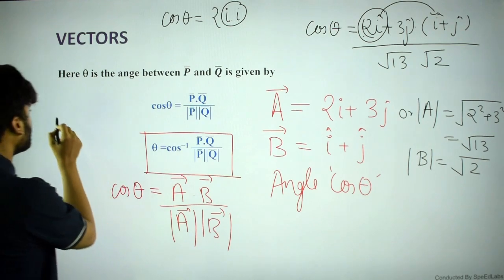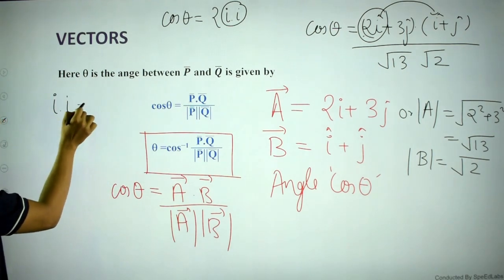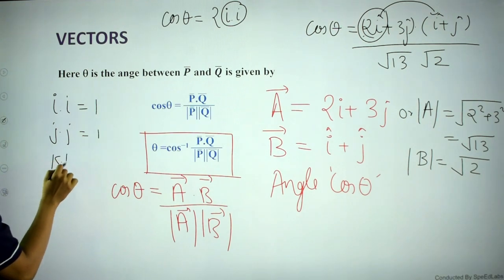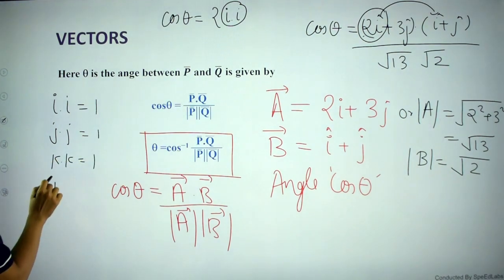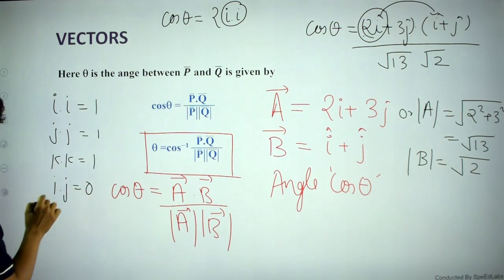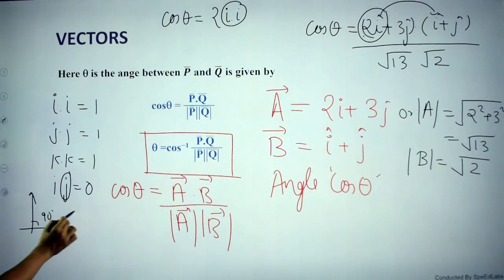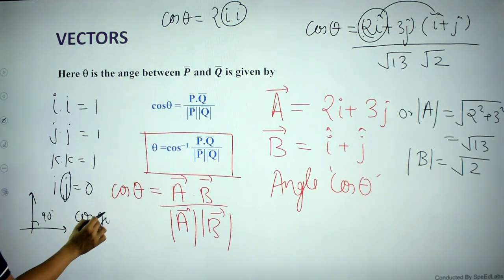So always remember: i dot i is equal to 1, j dot j is equal to 1, k dot k is equal to 1. But i dot j is 0, because the i vector is along the x-axis and j is along the y-axis, so i and j make 90 degrees, and cos 90 is 0.